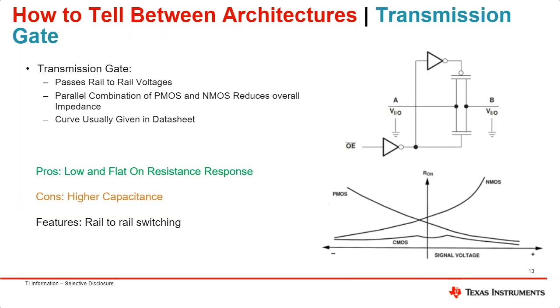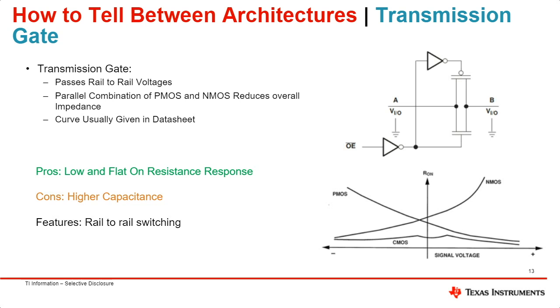And finally, our third architecture is a transmission gate. It also passes rail to rail, so it can also operate in negative and positive voltage. It has a PMOS and an NMOS gate. And as you can see at the bottom of the graph, it also has a flatter R-on curve. So it does have a lower and flat resistance response, but the C-on is higher.